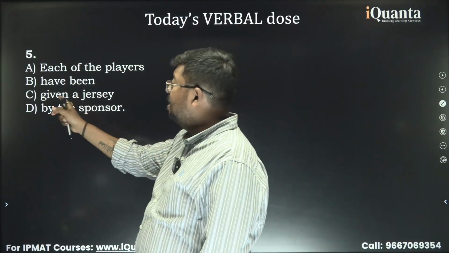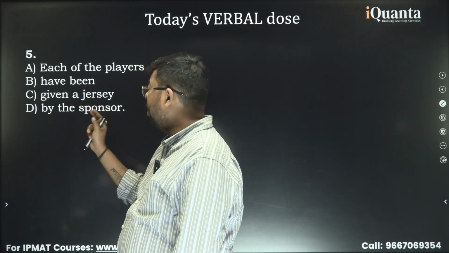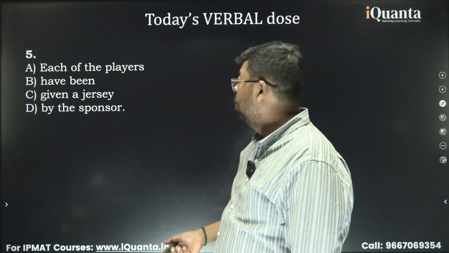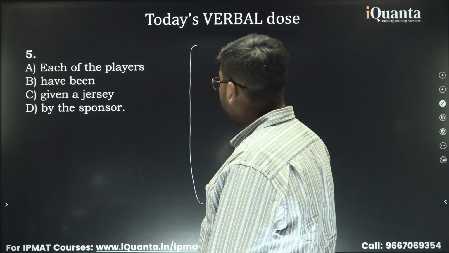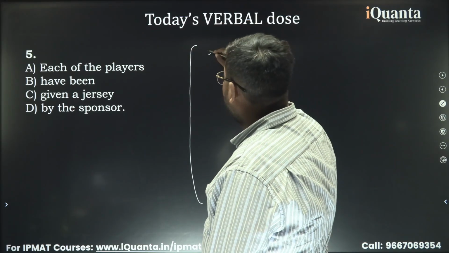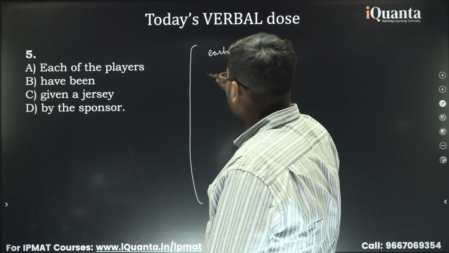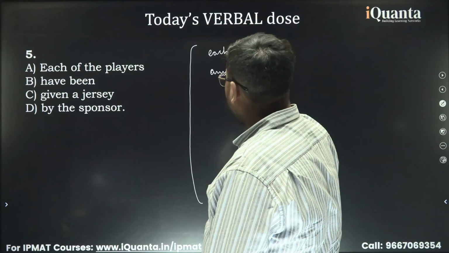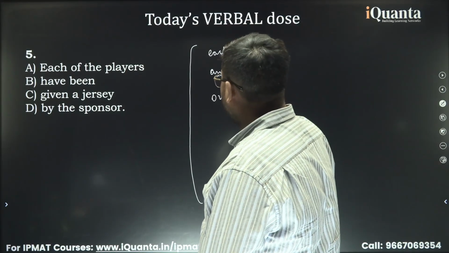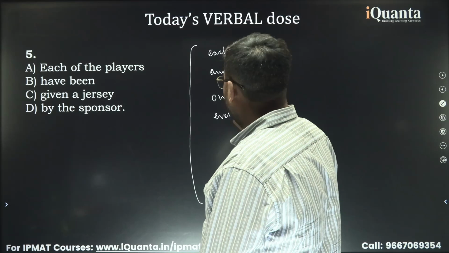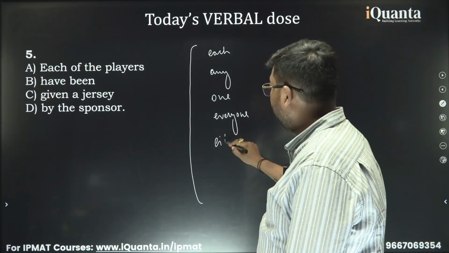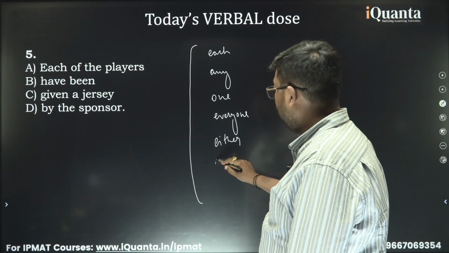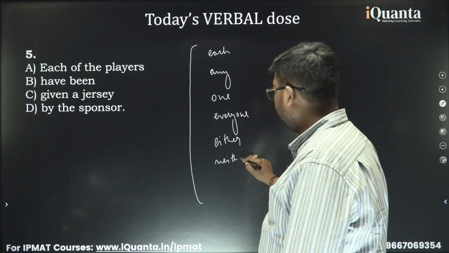"Each of the players have been given a jersey by the sponsor." Now, this is again, let's see. Each, any one, everyone, either, neither.